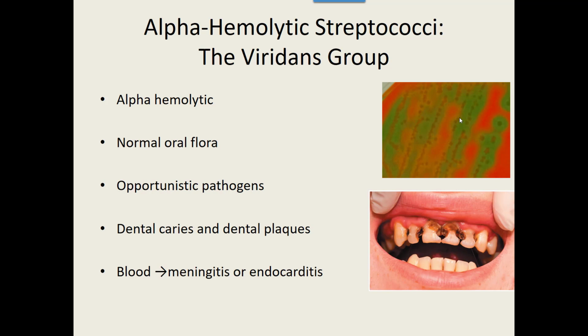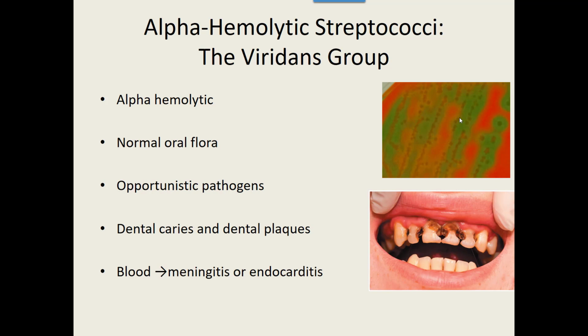They're called the Viridans group. They're primarily alpha-hemolytic, so they'll show that greening, that green pigment on a blood agar. Lots and lots of normal flora, alpha-hemolytic bacteria in this group. It's why even if we do throat cultures, most people's plates looked green. It was a bunch of these bacteria.